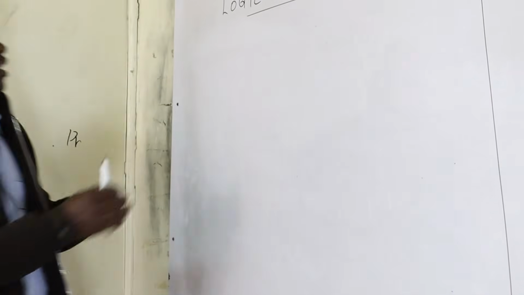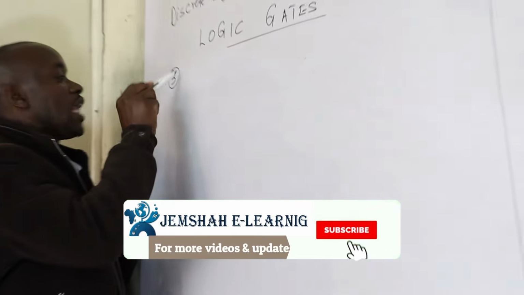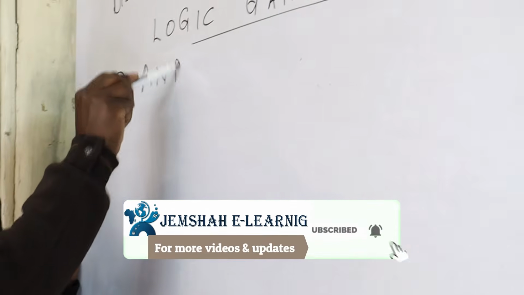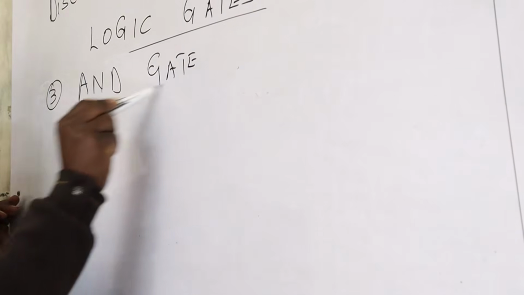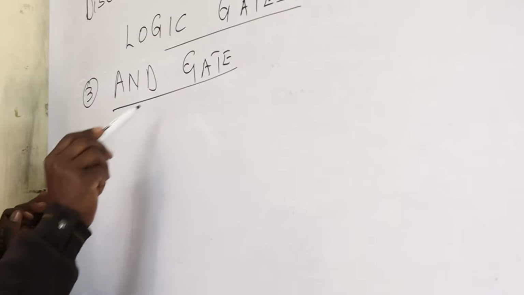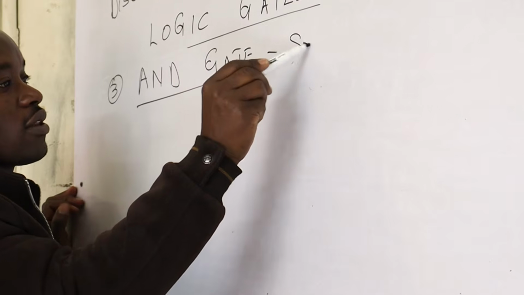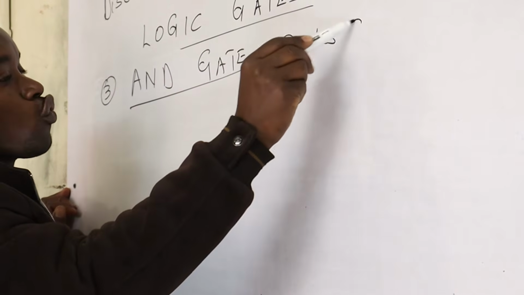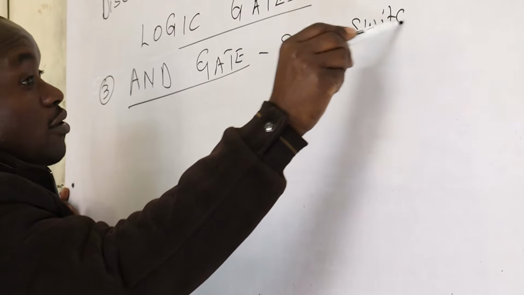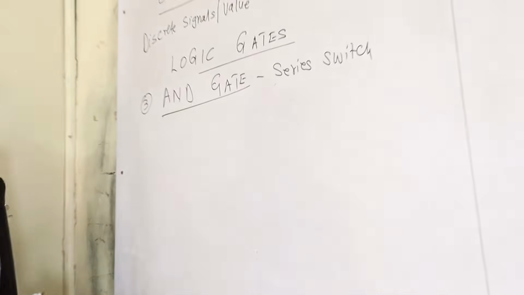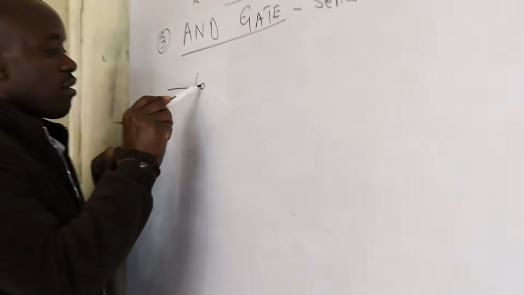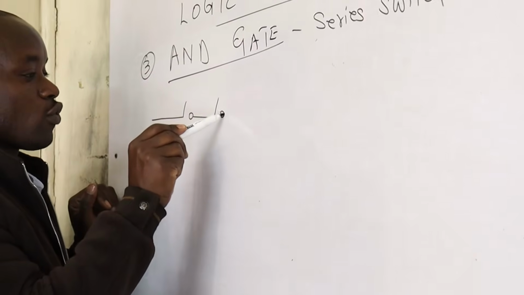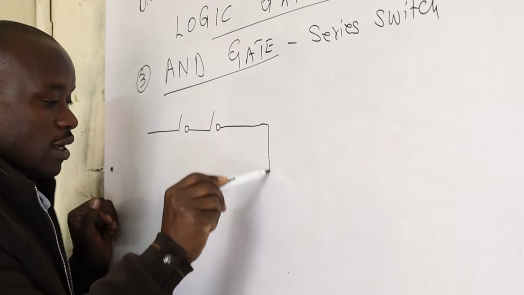So the third gate is the AND gate. Another name we can call it is a series switch. I will tell you later why I call it this. It means that the switches are in series: switch 1, switch 2, and then the lamp.